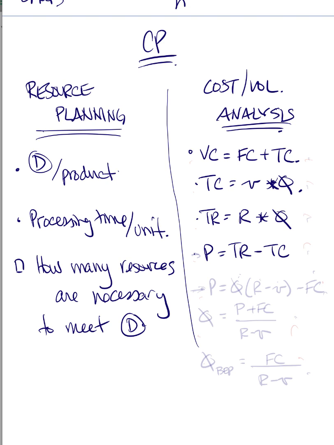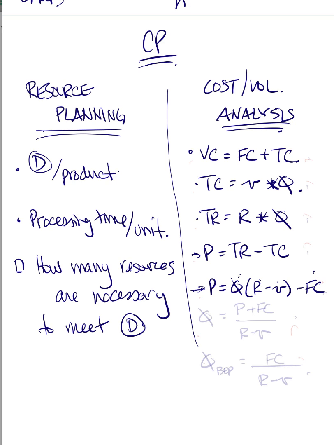And then there are different ways that we can essentially convert this formula to help you answer the questions. One way we can convert this is that the profit is the quantity times the revenue minus the variable cost per unit, minus fixed cost. So if the problem gives you quantity, revenue, variable cost per unit, and fixed cost, and it asks you to determine the profit, this would be the formula that you would want to use because you have all of the necessary components to answer this question.